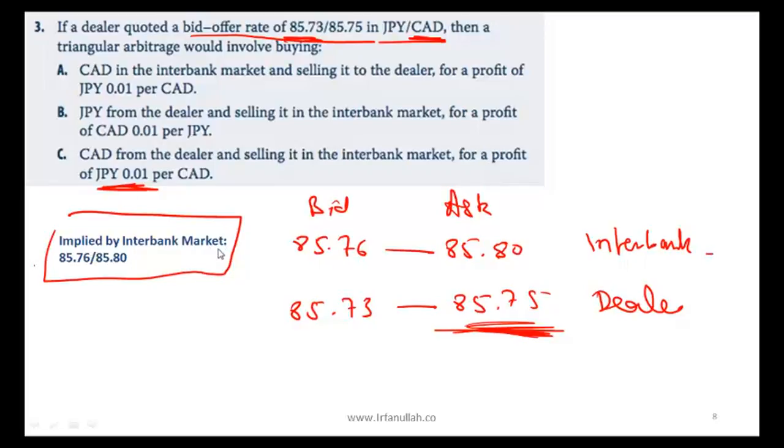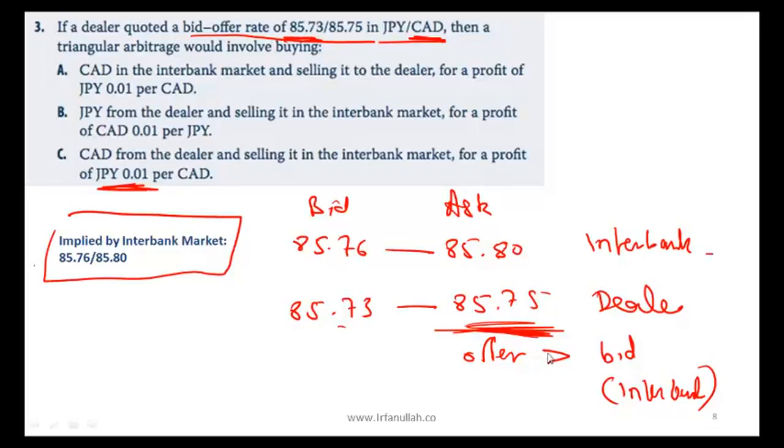Now, what does this connect with? What is going on over here? In this particular scenario, the offer in the dealer market is ending up being greater than the bid in the interbank market. This is a violation of the arbitrage condition, and this will not last. Why?